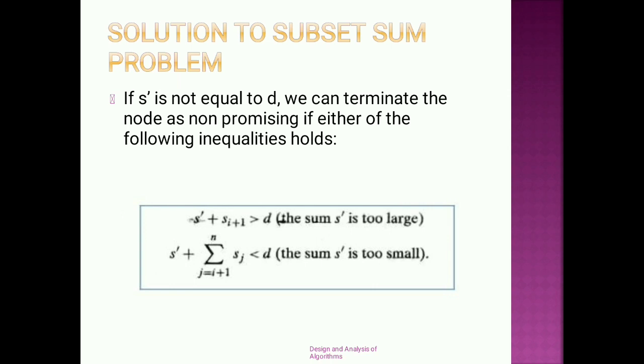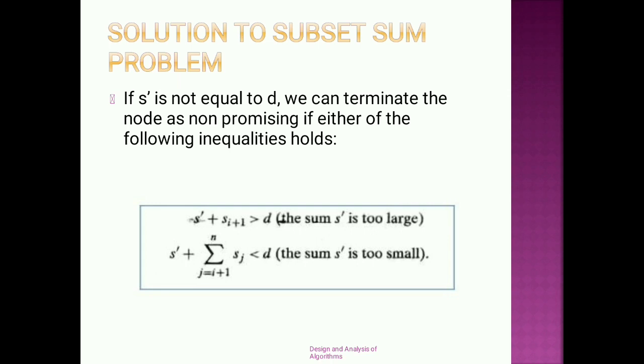Or else there is one more condition for you to stop. That is S bar, the current sum plus the sum of S j for j equal to i plus 1 to n. i plus 1 is the next element, and n means till the last element. If you add all the elements and this sum is less than D, then also you have to stop.